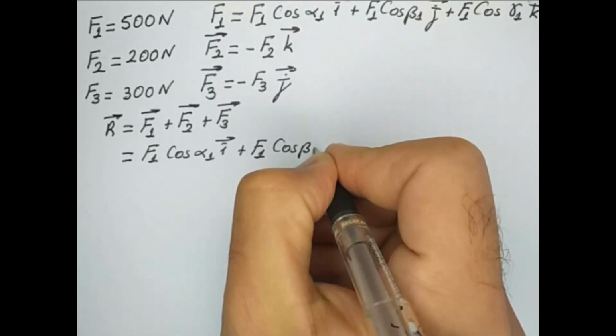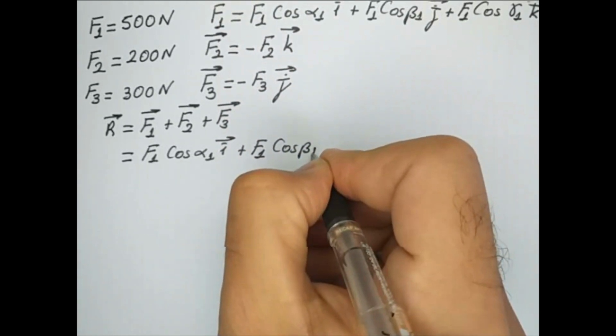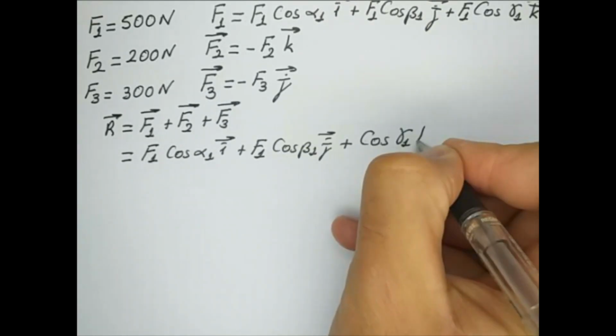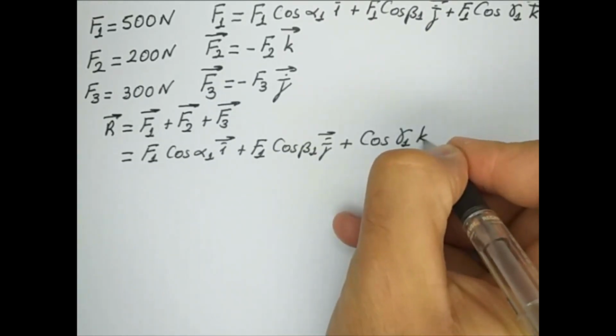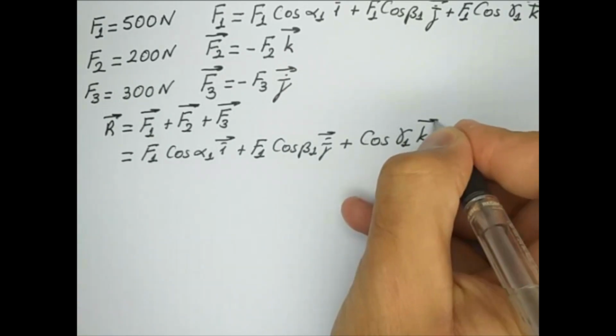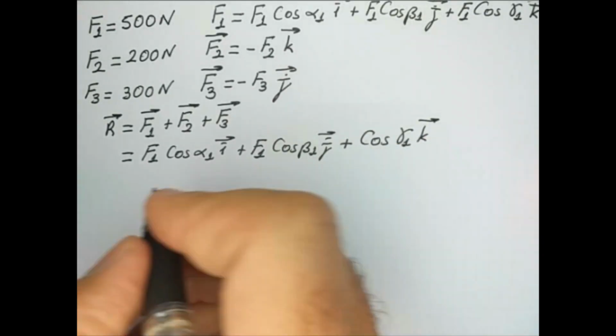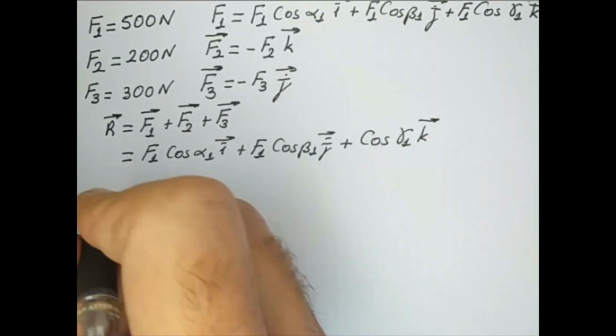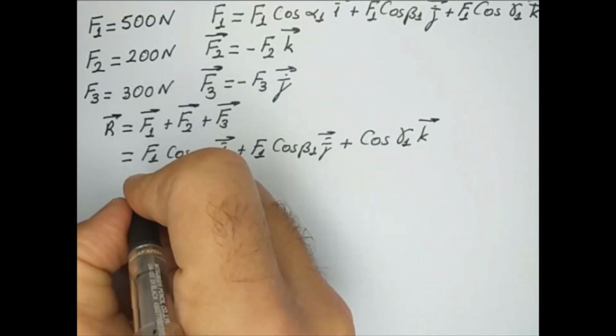So minus F2 k vector plus minus F3 j vector.